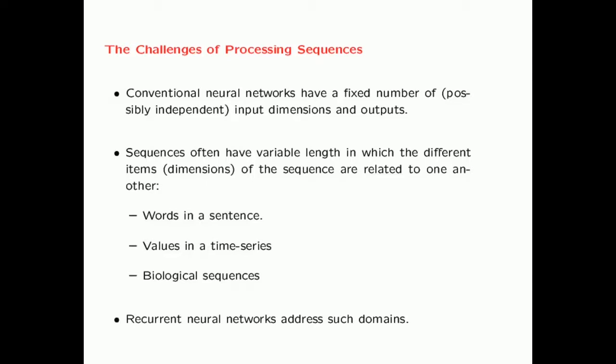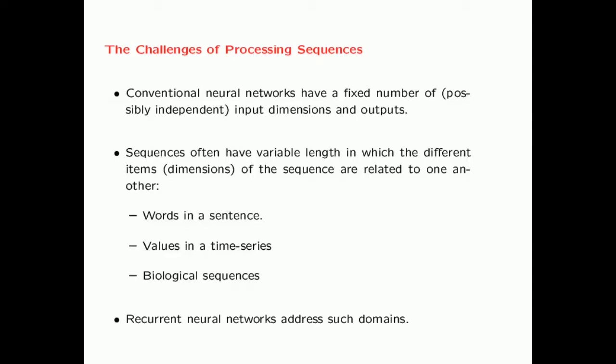So for example, let's look at the case of text data. If you pick out any particular sentence of text, the length of the sentence may vary. Furthermore, the successive words are not randomly related to one another, but they depend on one another depending on the specific properties of the language at hand. Similarly, in a time series, the successive elements are closely related to one another.